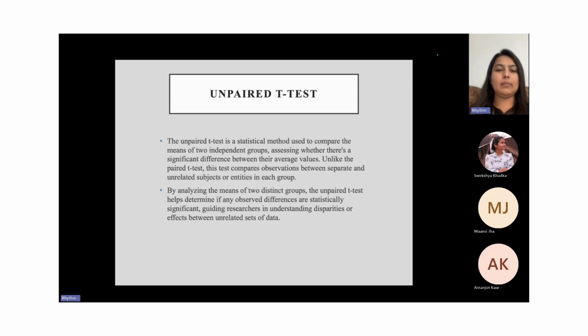By analyzing the means of two distinct groups, the unpaired t-test helps determine if any observed differences are statistically significant, guiding researchers in understanding disparities or effects between unrelated sets of data.